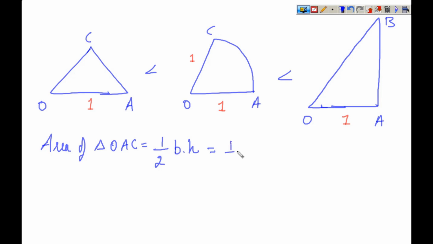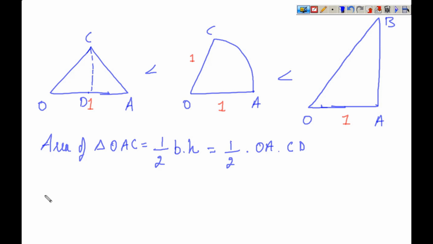Which equals half times base is OA, height is CD. Now let's make a point D here, and so this is the height, right? This one will be the height, so CD.